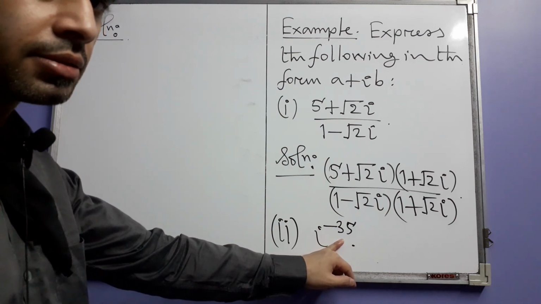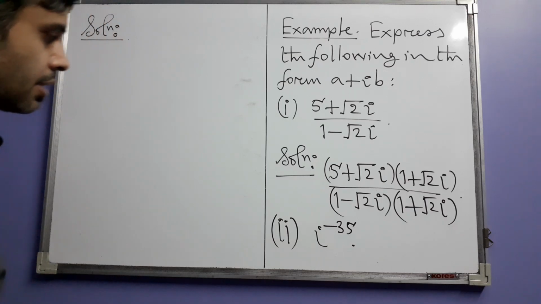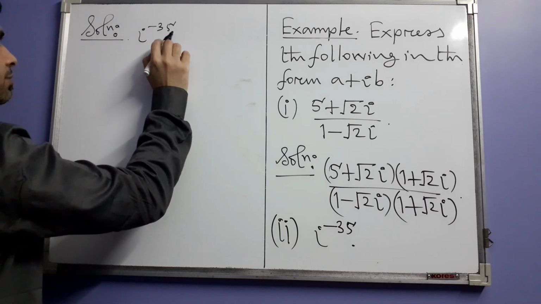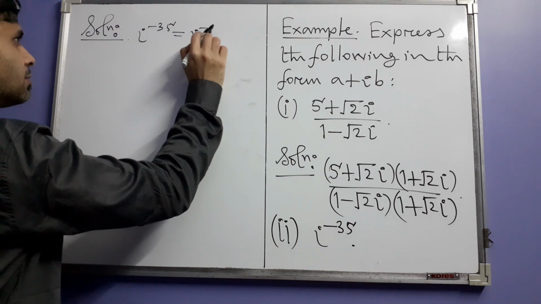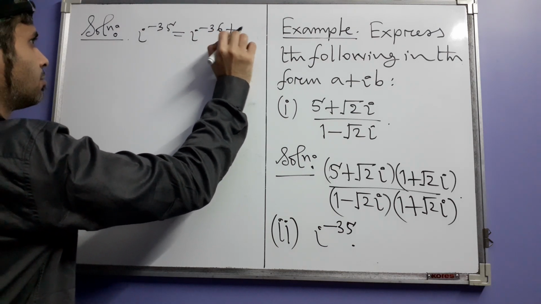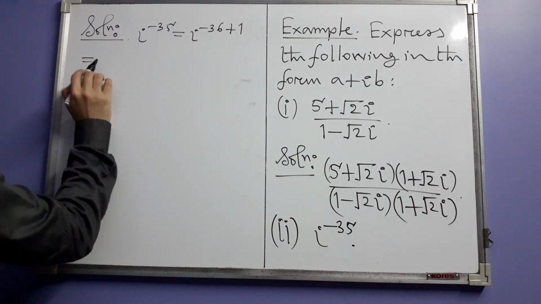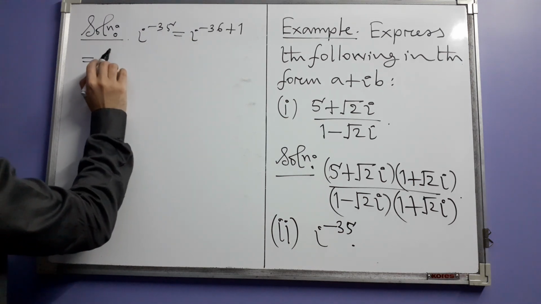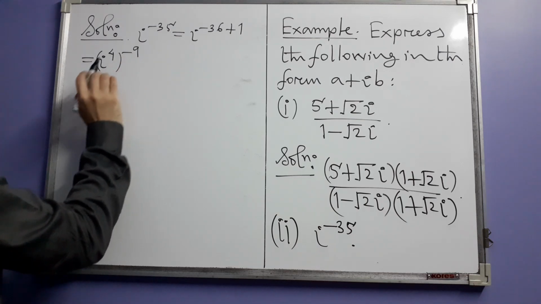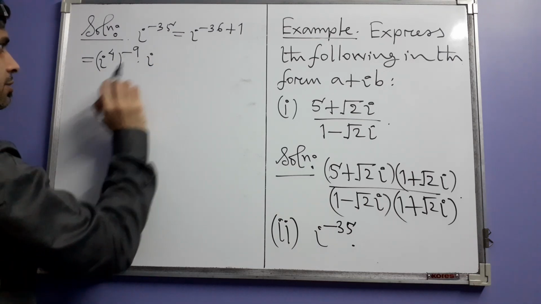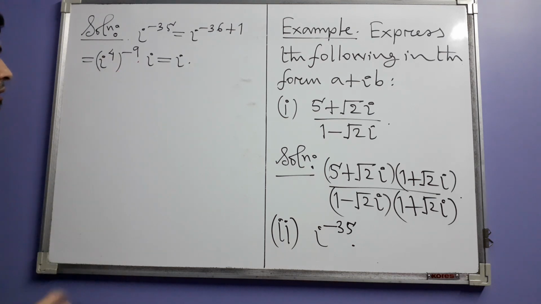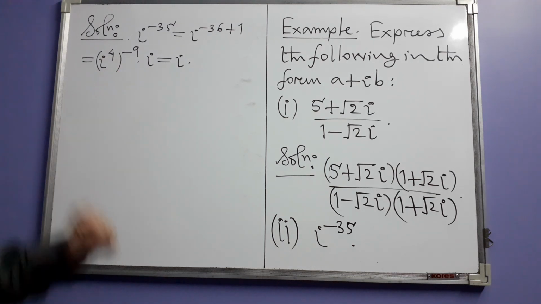Minus 36, because 4 times 9 is 36. You can write minus 35 as minus 36 plus 1. Now in place of minus 36, you can write this, because 4 times minus 9 is minus 36, times i to the power 1, which is i. So this is nothing but i, because this one is 1.